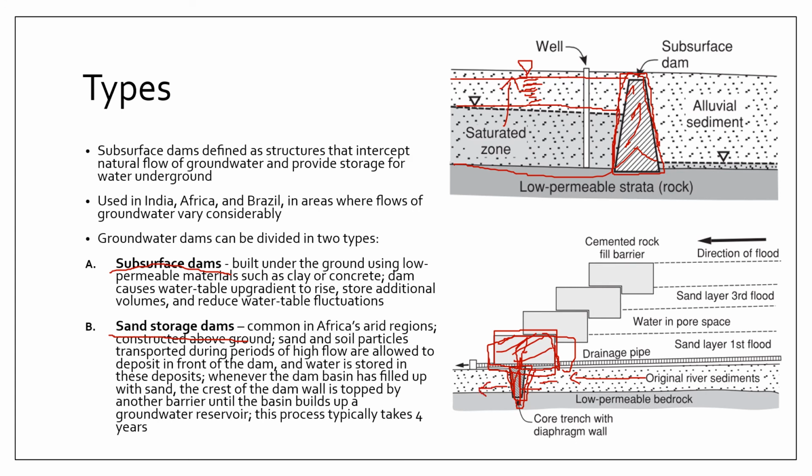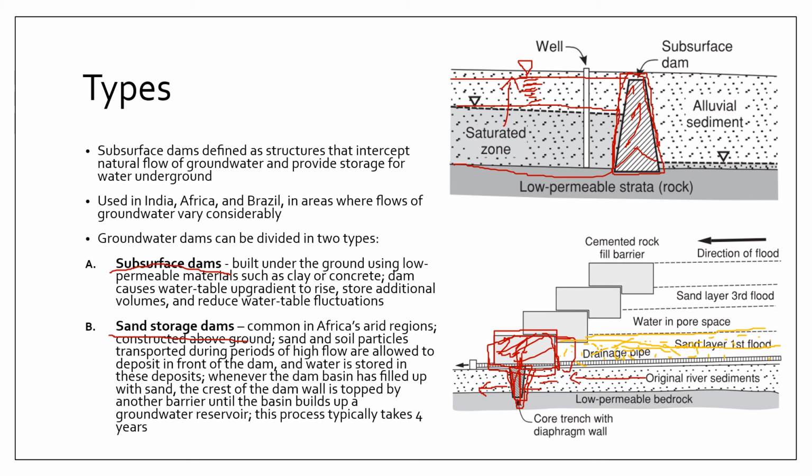And then they construct a series of channels that divert floodwaters into this impoundment, all right, such that this part gets flooded and it ends up depositing a lot of sediments, particularly sands, until this first level fills up with sand deposits.